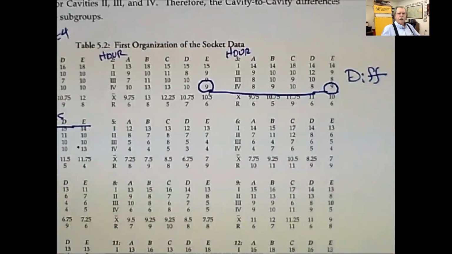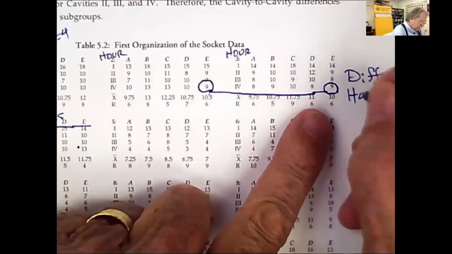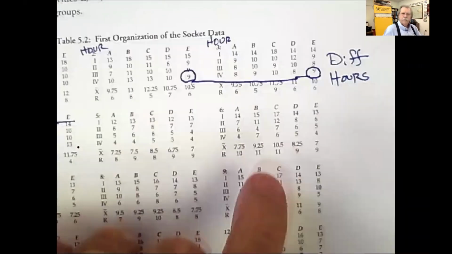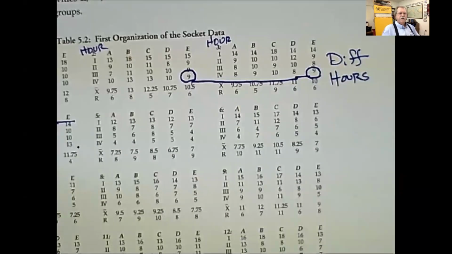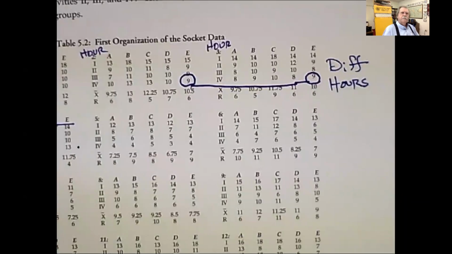When I change hours, I mean, they're different by hour, right? I didn't say that. These are different hours, and they're in different subgroups. Should have written the hours down. So when I change hours, I'm changing subgroups.